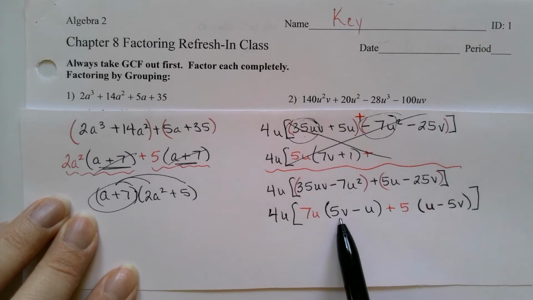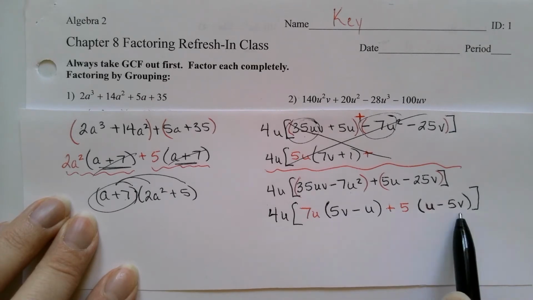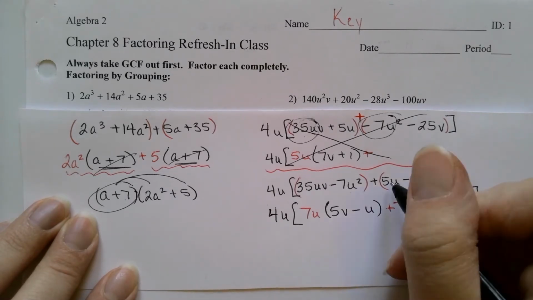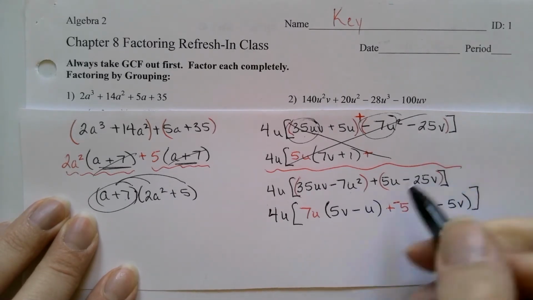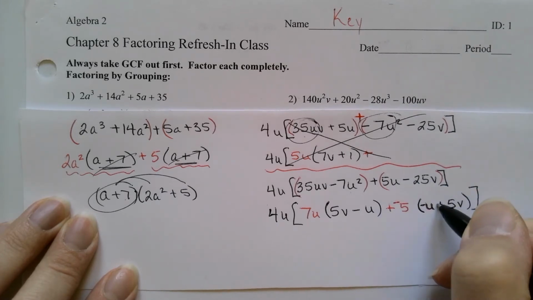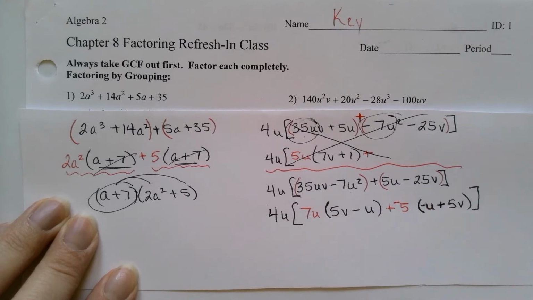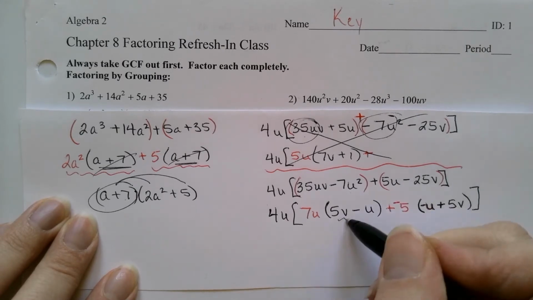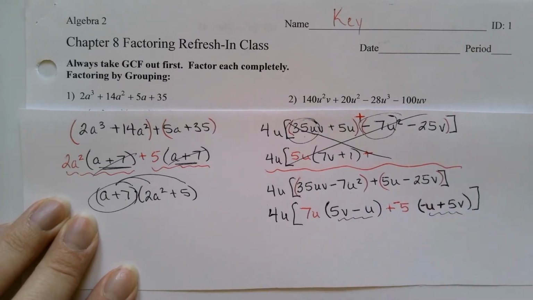And I have a positive 5v and I have a negative 5v. So that means I should have taken out a negative 5. And by taking out a negative 5, a negative times a negative would give me back my positive 5u, and a negative times a positive would give me back my negative 25v. So now, even though they're out of order, I have the same thing in parentheses.